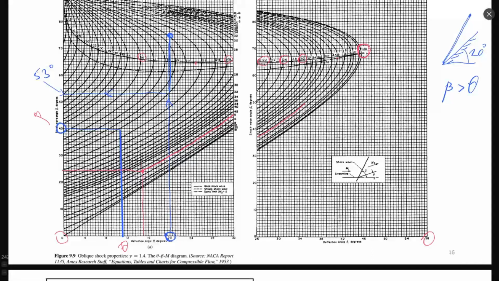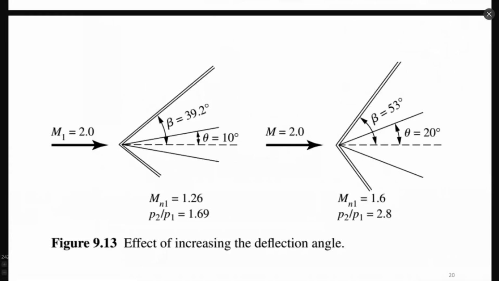Okay, let me raise this line here. I will try to find the approximate intersection like this, and then I will find the angle, approximately 42 degrees.